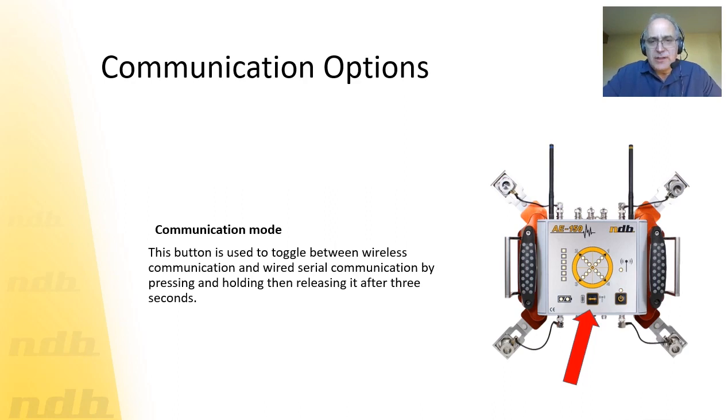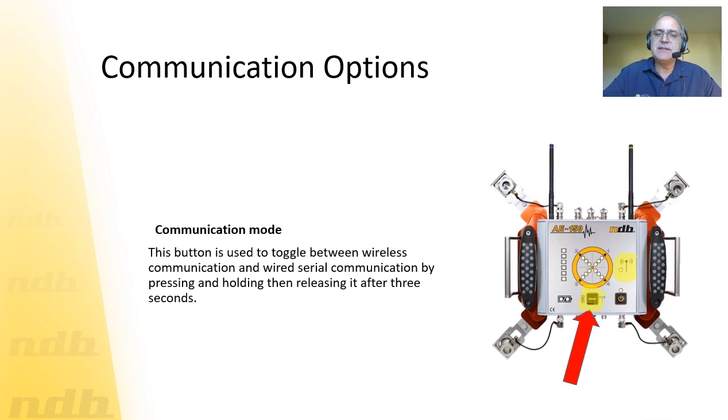When choosing your option, the way to toggle the communication mode on the AE-150 is the front button on the front membrane. So you will have to press this button here, a long press of 4 seconds, and then the LED over here. There is a little image, it's an antenna.